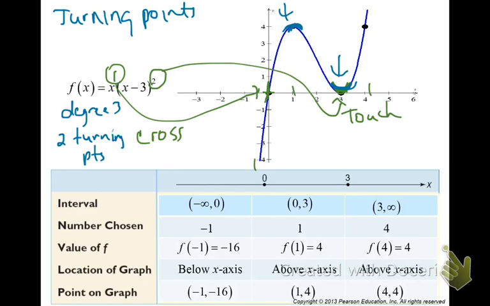The end behavior is the next thing we're going to look at. If we look at this one, the end behavior is happening down here and up here. The end behavior means, where is it going? Where are the arrows taking our function? If x is going to positive infinity, where's the y going?